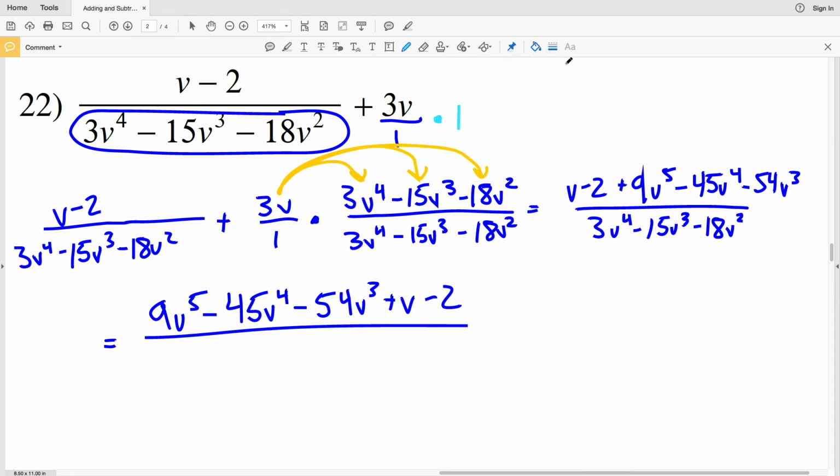However, I'm going to simplify this denominator because 3 goes into 3, 15, and 18, and v squared goes into v squared, v to the third, and v to the fourth.